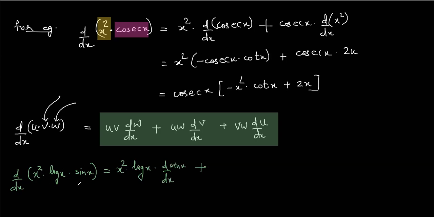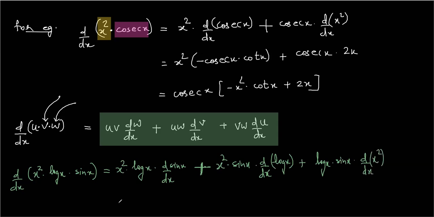Now I have to differentiate log x. So x square into sine x, and remember we will write plus in between every time. x square into sine x, d by dx of log of x, plus log of x into sine of x, and d by dx of x square.